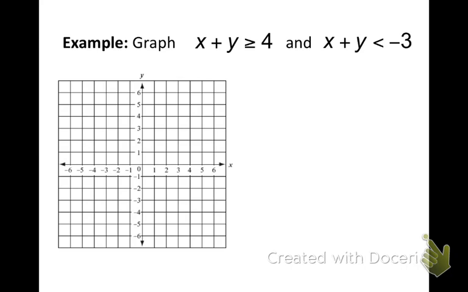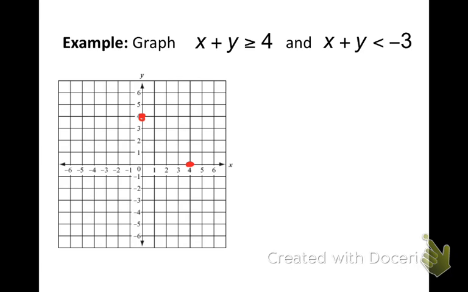We've got x plus y is greater than or equal to 4, and x plus y is less than -3. Make a quick lazy graph. What are my x and y intercepts for the first inequality? 4 and 4.